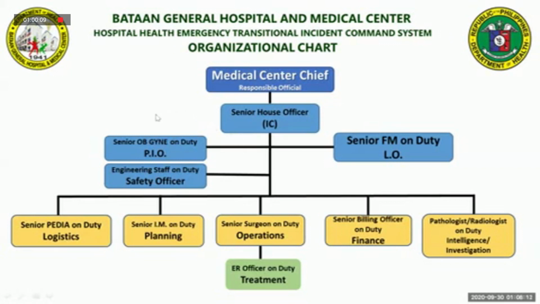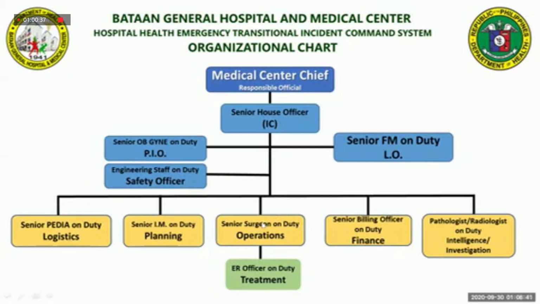We've delegated the OB as the public information officer, the engineering staff as the safety officer, and family medicine as the liaison officer because we have good communication skills. The pediatrics on duty is logistics chief, senior internal med is planning.